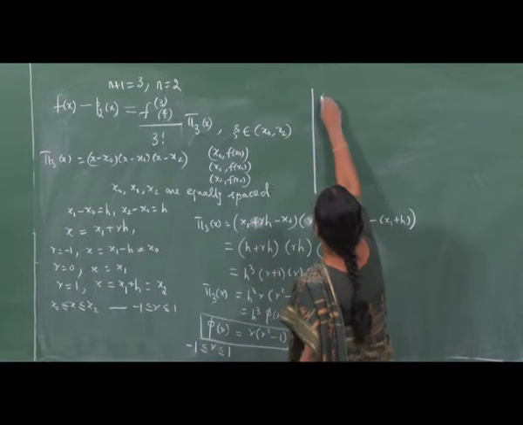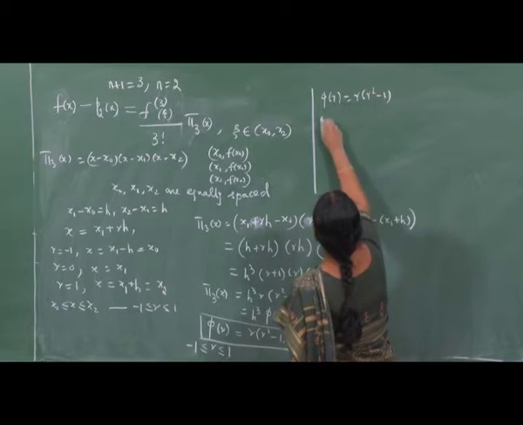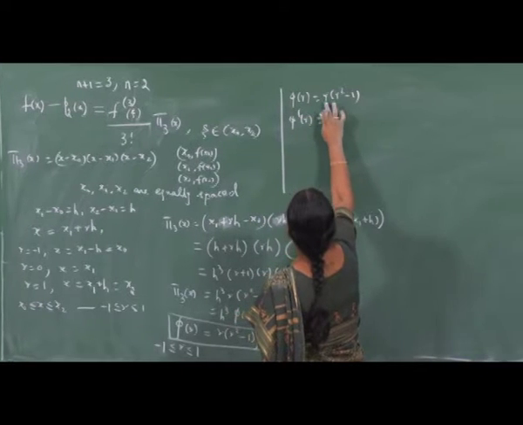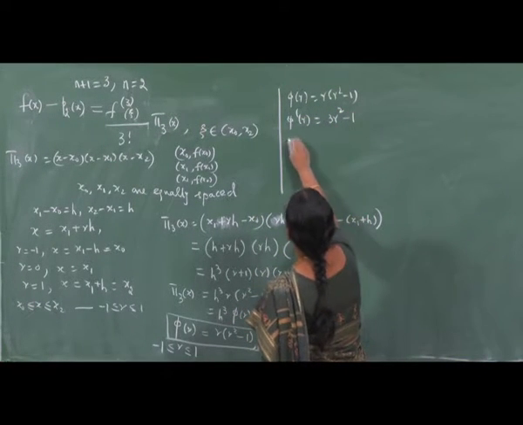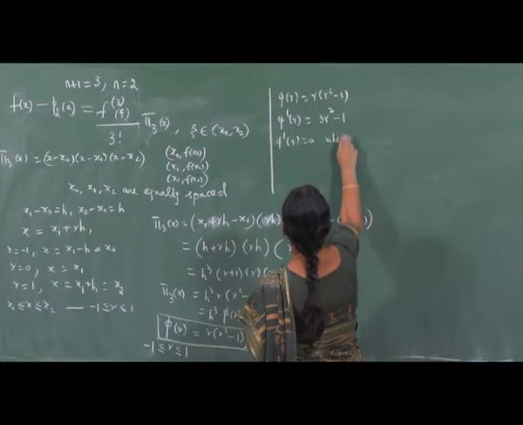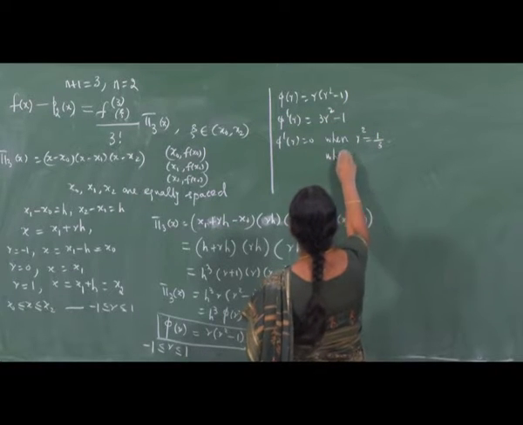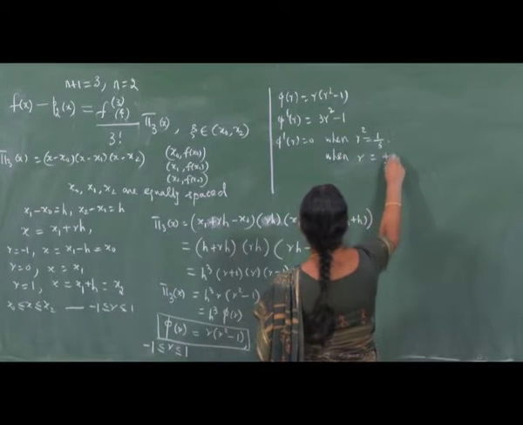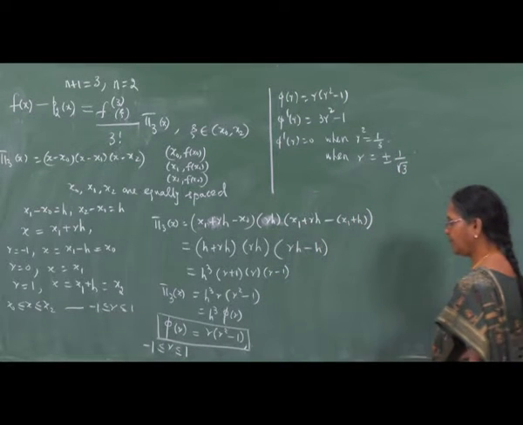So, let us find out phi dashed of r. Phi dashed of r will be 3 r square minus 1, and it vanishes when r square is 1 by 3, or it vanishes when r is equal to plus or minus 1 by root 3.